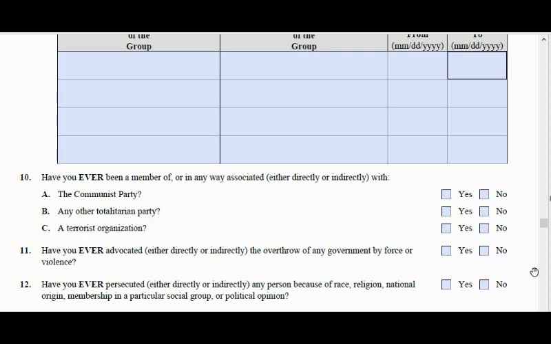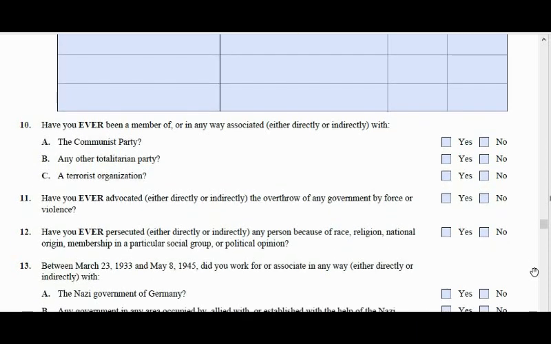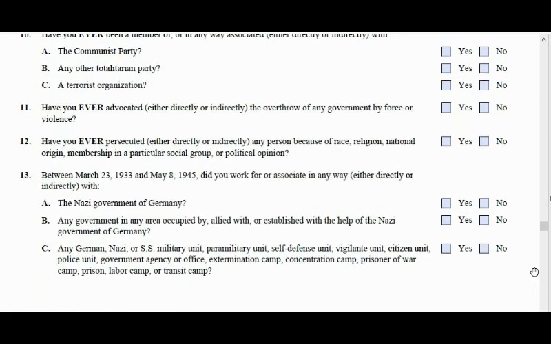Okay. On 11, have you ever advocated, either directly or indirectly, to overthrow any government by force or violence? If you did something like that before, or you pushed somebody, you advocated, you forced something like that, then you have to check yes.